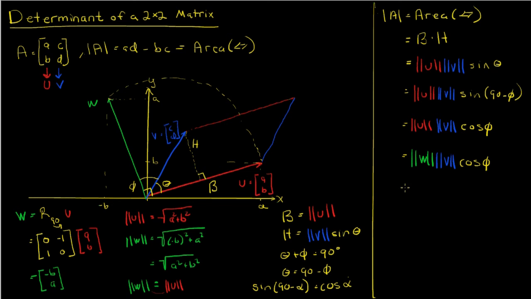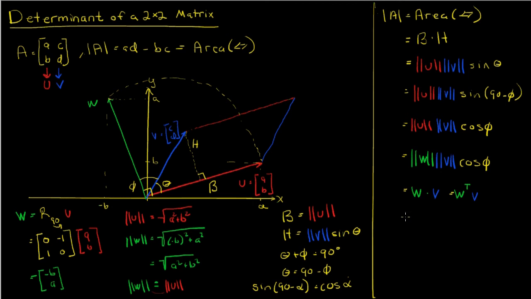We can re-express this as a dot product, which equals w dot v. We'll write this as an inner product in matrix form, which is equivalent to w transpose times v.